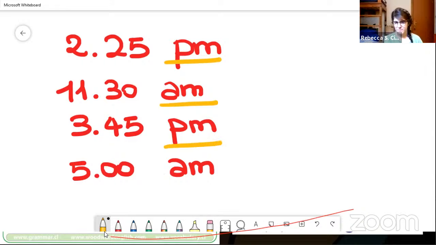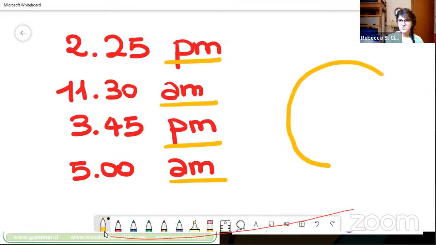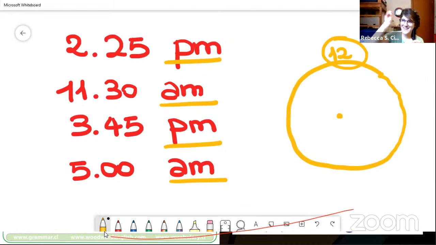PM and AM. So basically, imagine a clock. Okay, so when you're talking about time that comes before midday, which is 12, but during the day, okay, not 12 at night, but 12 with daylight.